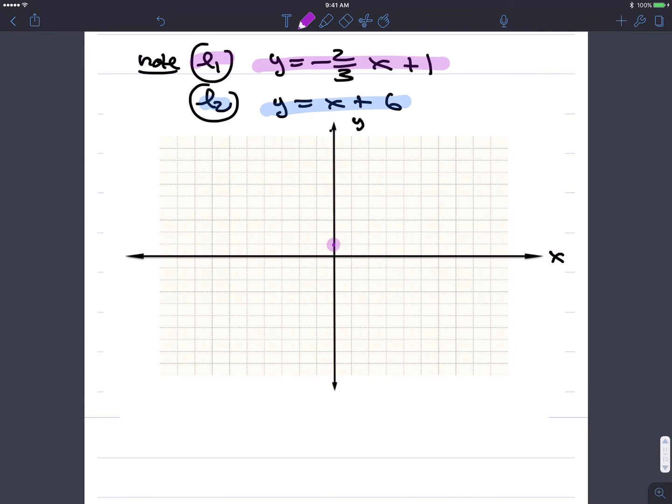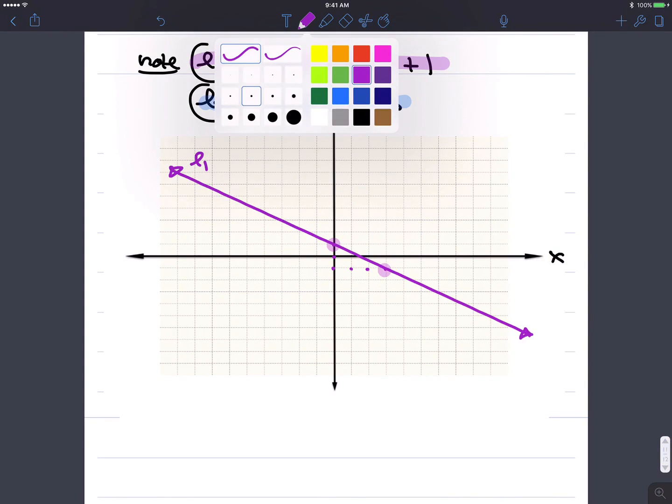This is the location. And then we're going to use a slope of negative 2/3. So I'm going to go down 2, 1, 2, and to the right, 1, 2, 3. Here's the location of my second point.